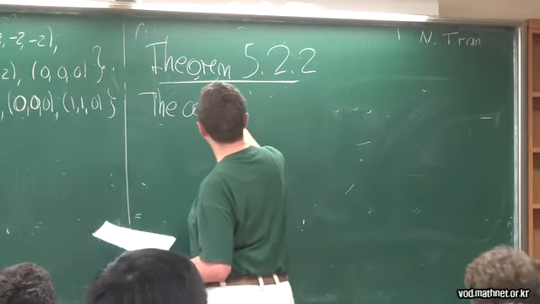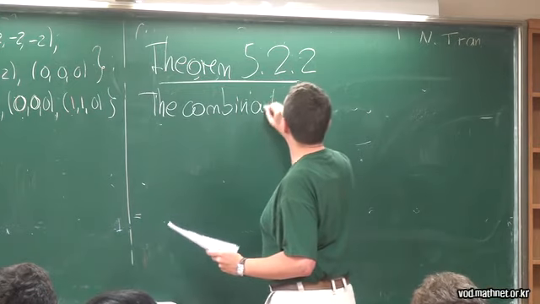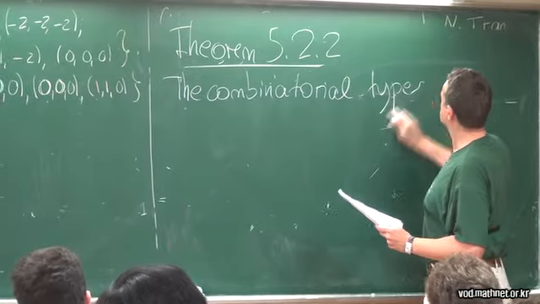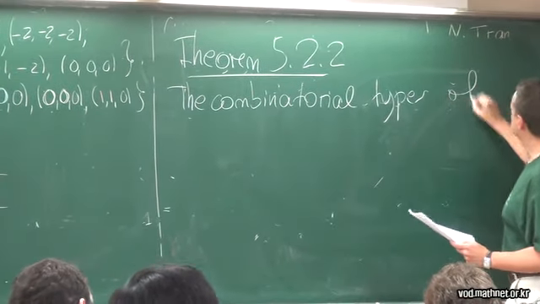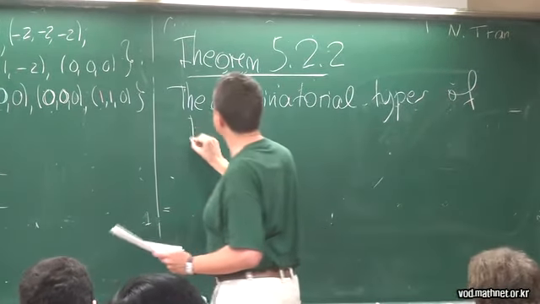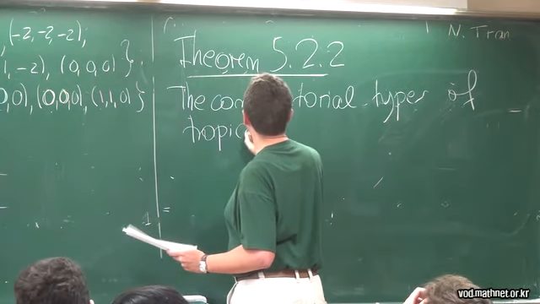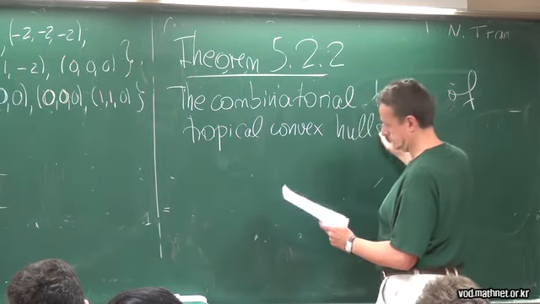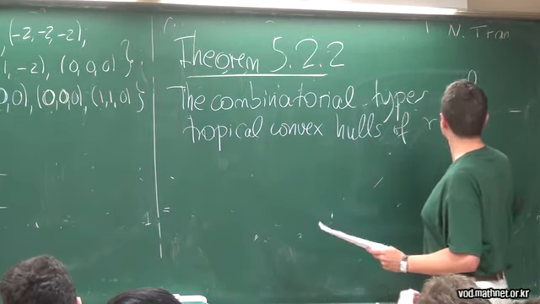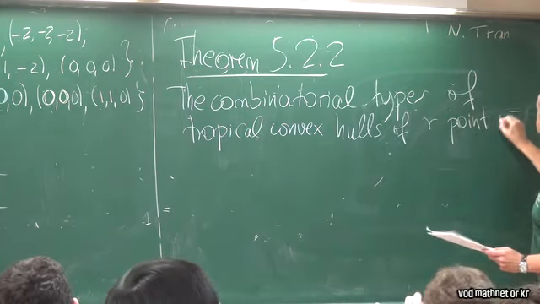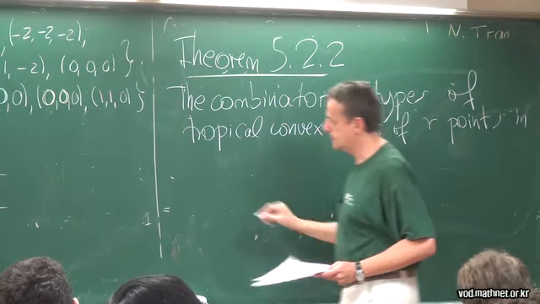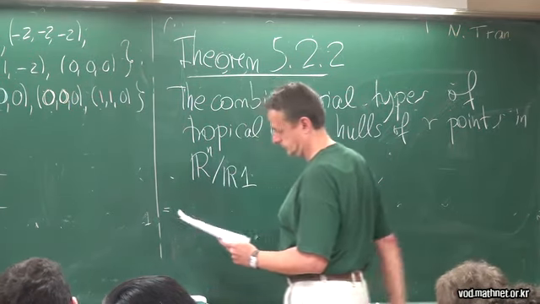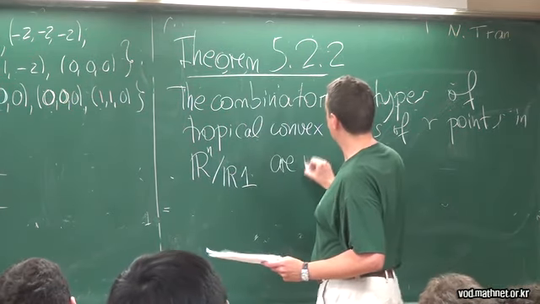The combinatorial types of tropical convex hulls of r points in n space, or n-1 space, r points in R^n mod R1, are in natural bijection with something else.